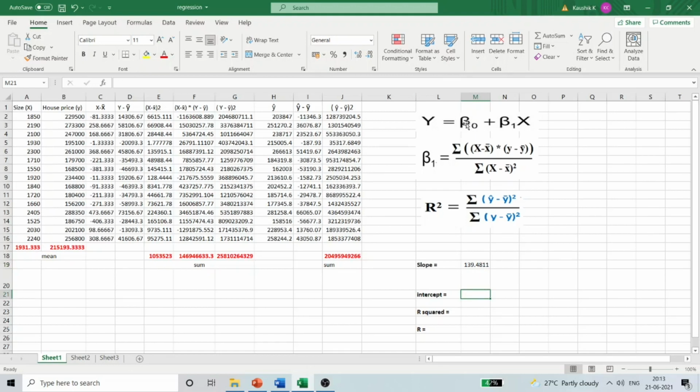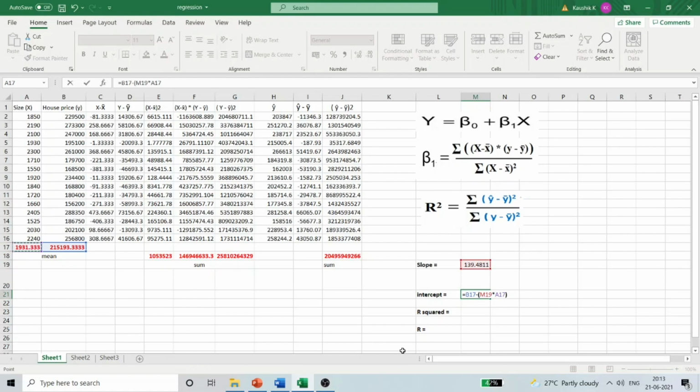I have to take beta naught to the other side, so the formula becomes beta naught is equal to Y bar minus beta 1 into X bar. So I use the formula: equals Y, currently the mean, minus the product of beta 1, which is the slope, into the X mean value, which is this value, right?